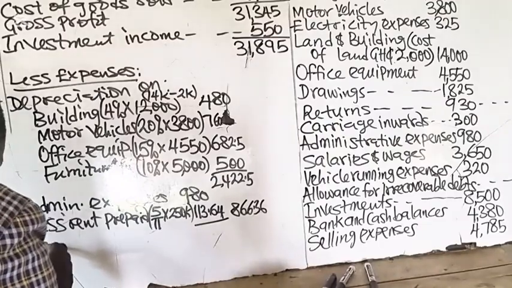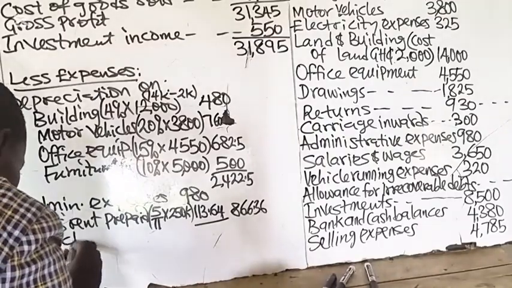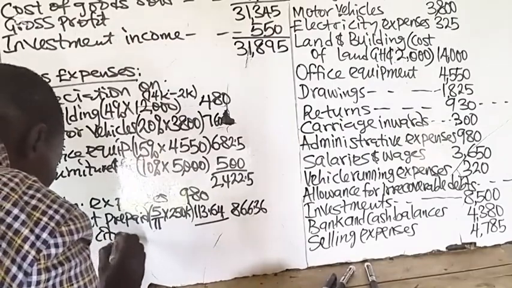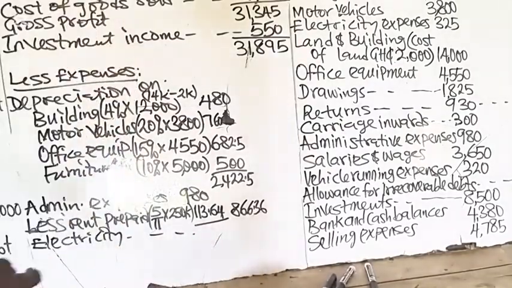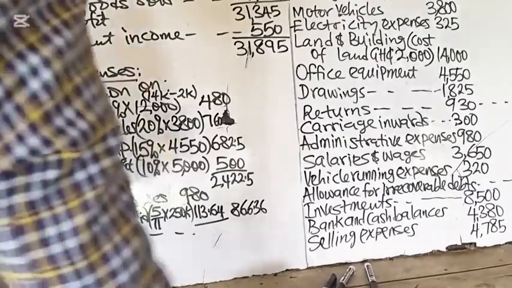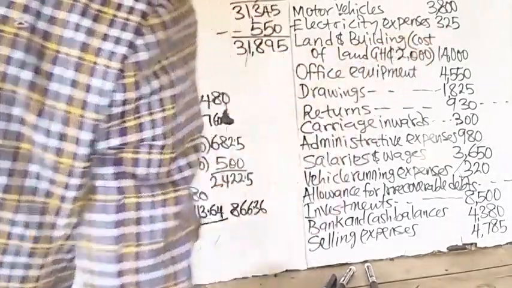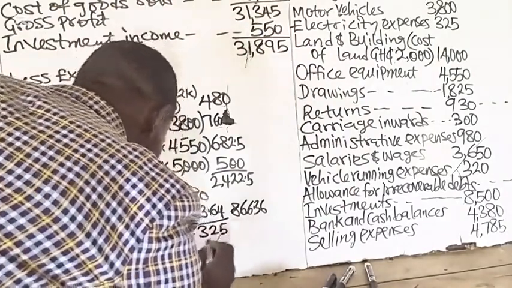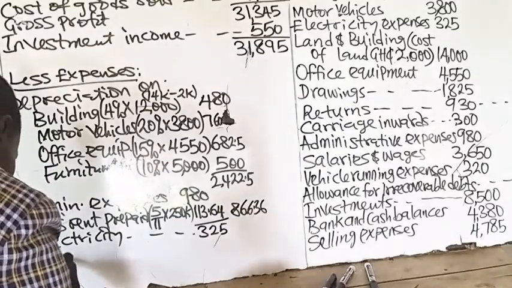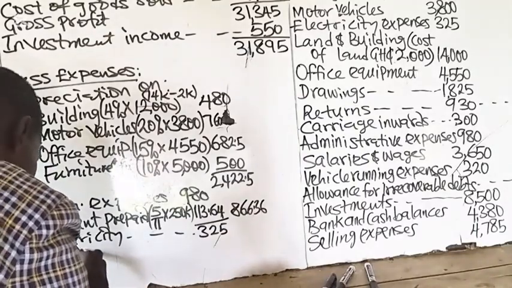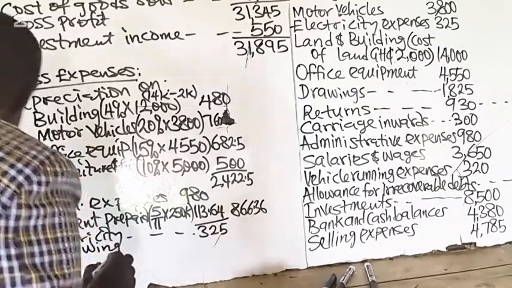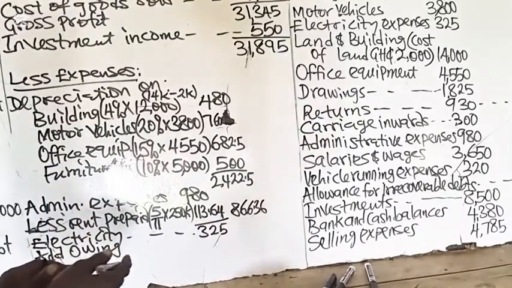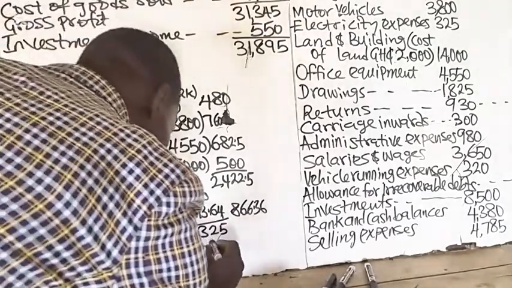Electricity. The amount paid in respect of electricity is 325. That is the amount paid. We add amount owing. The one that has not been paid, since it relates to that period, it will be added. So we have 55.